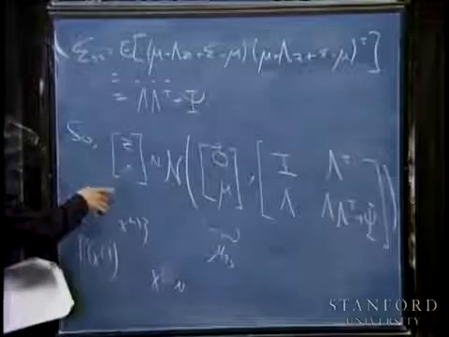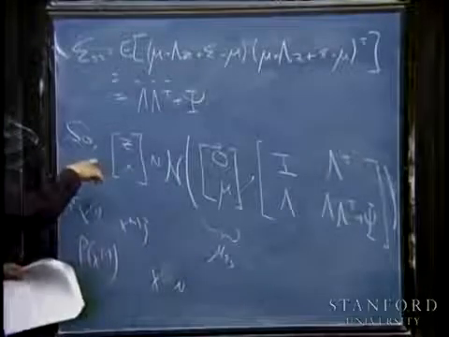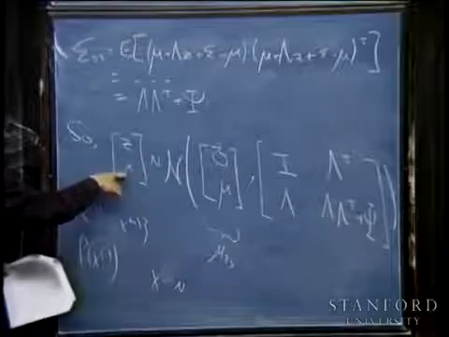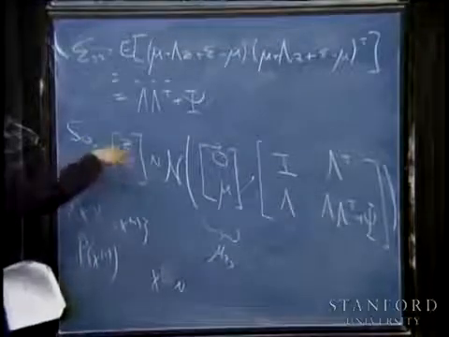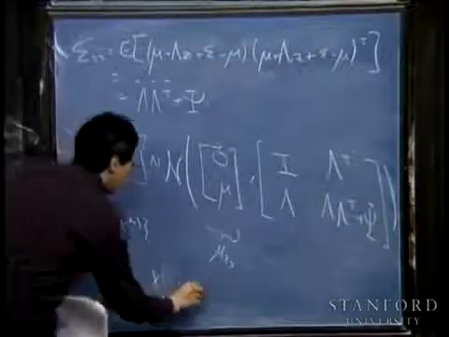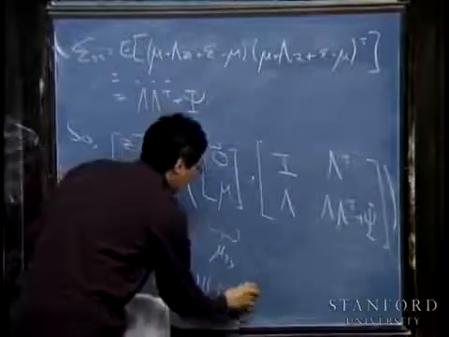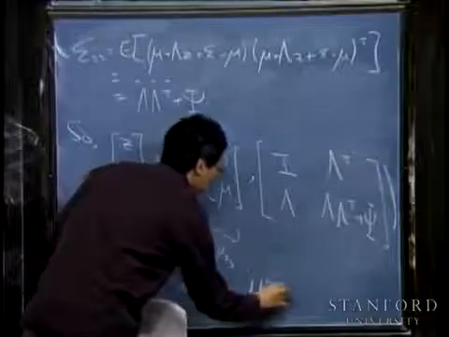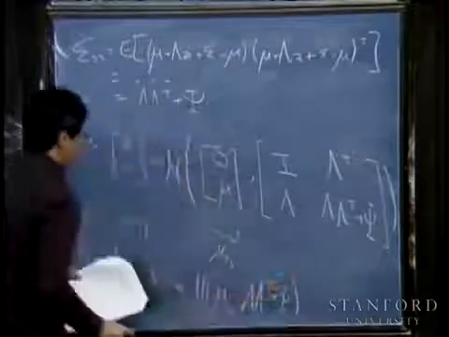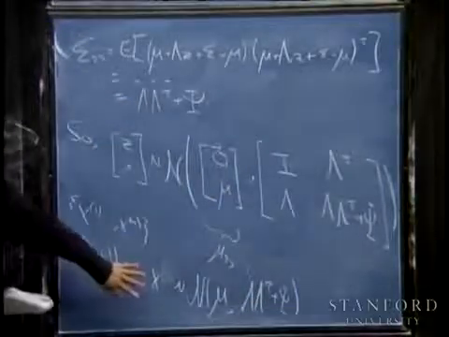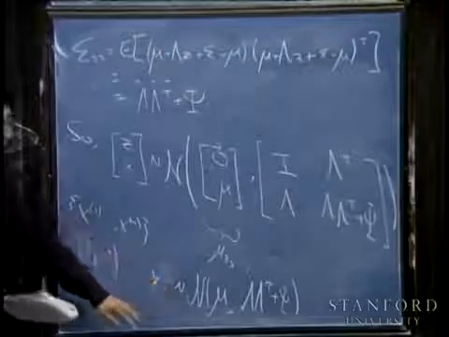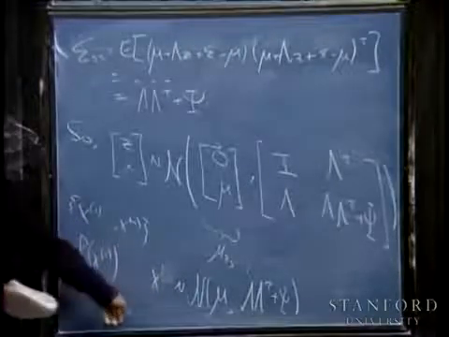If again, you can marginalize this Gaussian. And so the distribution of x, which is the lower half of this partition vector, is going to have mean mu and covariance given by lambda lambda transpose plus psi. Right? So that's the distribution that we're using to model p of x.